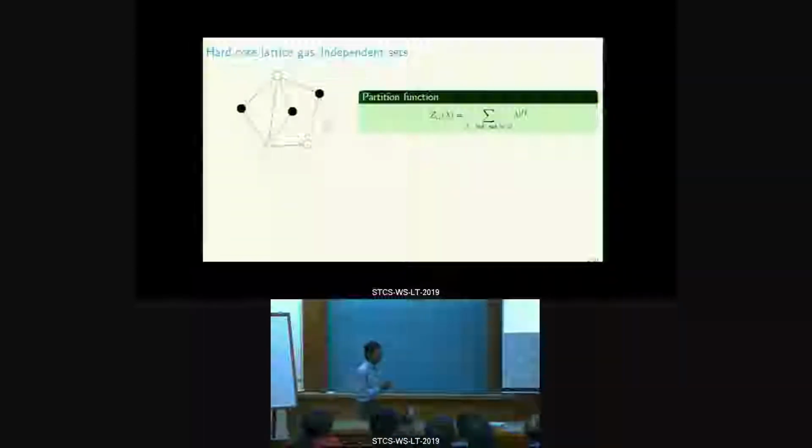And the distribution is supported only on those assignments in which no two adjacent vertices are plus. So two adjacent vertices cannot both be occupied, or plus. And then we put the distribution in such a way that the probability of seeing a particular configuration, a particular set I of occupied vertices, is proportional to some number lambda raised to the size of this set.